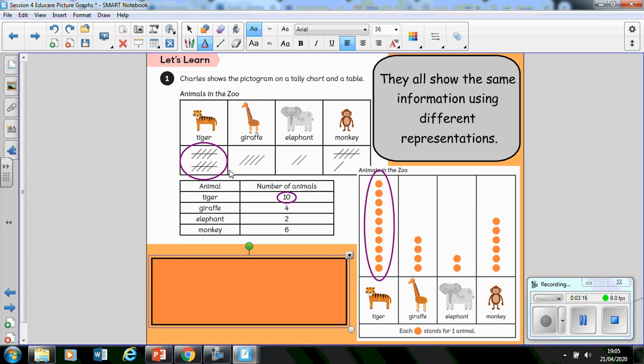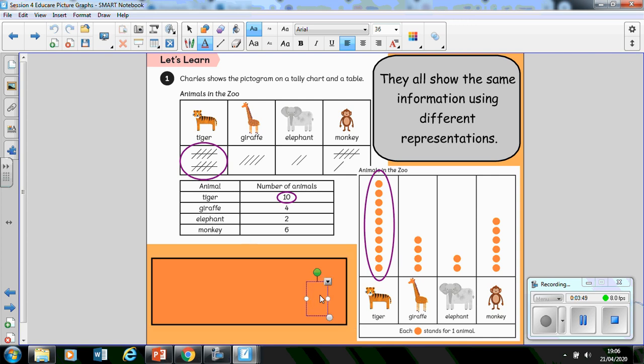And moving on to our tally chart, under the group for tiger, we must remember from last week that when you look at a tally that looks like this, it's a group of 5. And I know that 5 and 5 make 10. So there's 10 there, there's 10 in the table, and there's 10 in the pictogram as well.